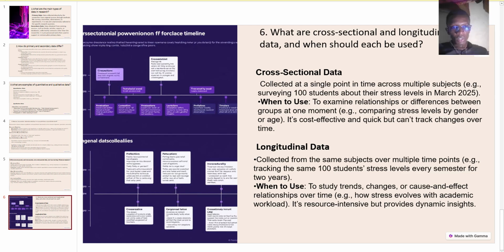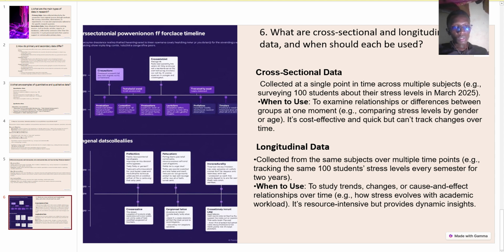My name is Dumba Jonah, and I'm going to take you through what cross-sectional and longitudinal data are and when each should be used. Cross-sectional data is collected at one single point in time from different subjects, for example, surveying 100 students about their stress levels in March 2025.